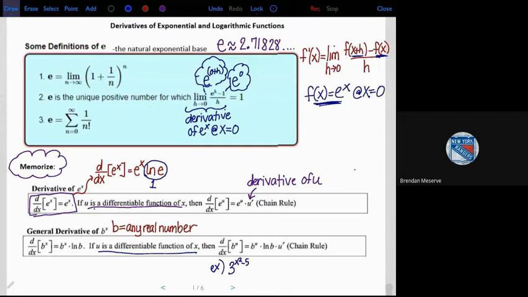Then we've got b to the u again, times the ln of b, times u prime. The u prime, the derivative of u, is really the chain rule built in. Questions? Let's do some examples so we make sure everyone sees how this is all going to come together.